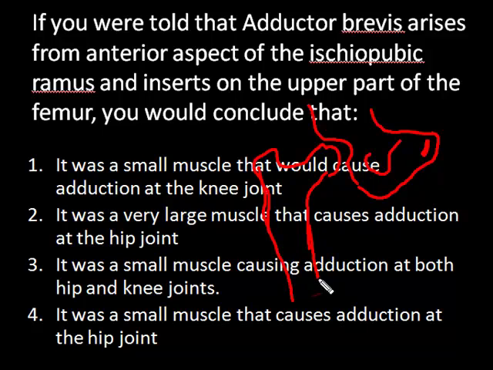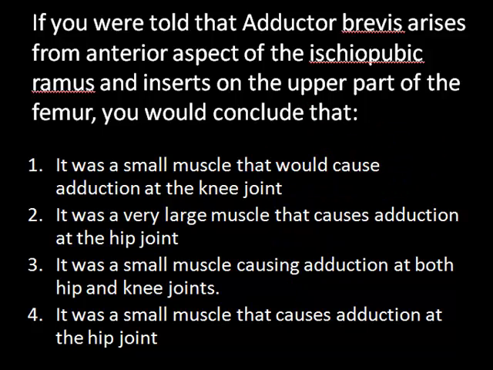It arises from the anterior aspect of the ischiopubic ramus and inserts on the upper part of the femur, so this muscle only crosses the hip joint and will only act on the hip joint. These are little things that you should draw for yourself, and that will help you to answer the questions.